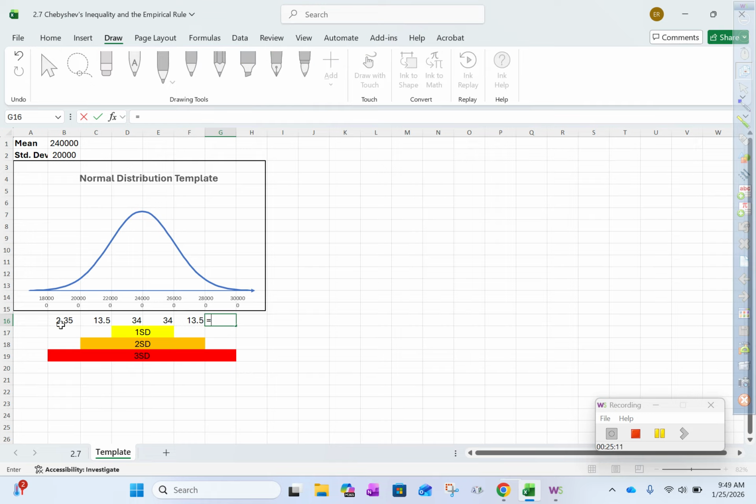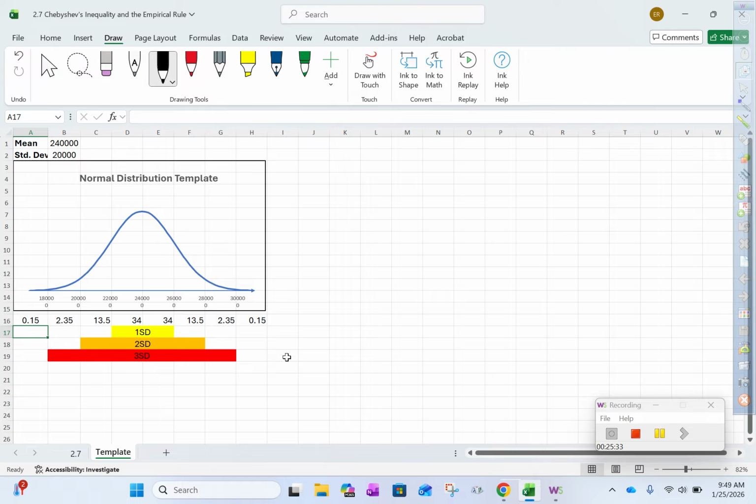And then the last chunk is outside of 3 standard deviations, so way out on these little baby tails. We just have the 0.3% that's left over, 100% minus 99.7. So 0.3% divided in half is 0.15. And those are the proportions that are going to happen every single time if we know that we're dealing with a normal data set. So these are the numbers that you're responsible for filling in to be able to answer questions.